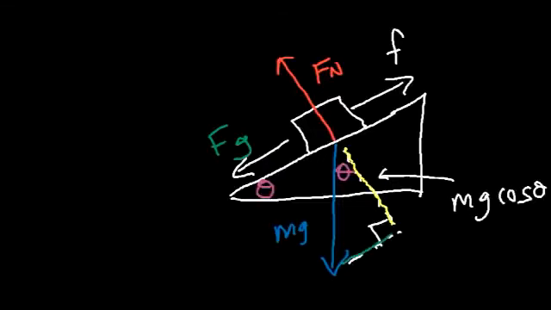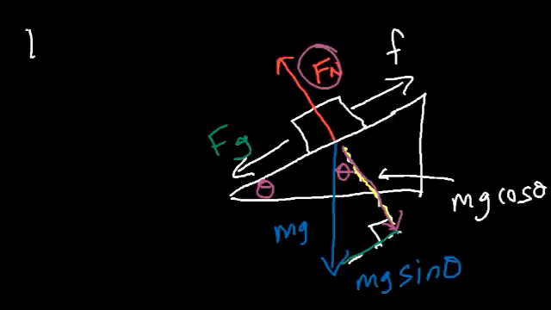Now what about this part of the triangle? Notice that it's opposite to theta, so it's associated with sine. This is mg sine theta. Notice that the normal force is completely opposite to this component of gravity. So therefore, the normal force on an incline is equal to mg cosine theta.